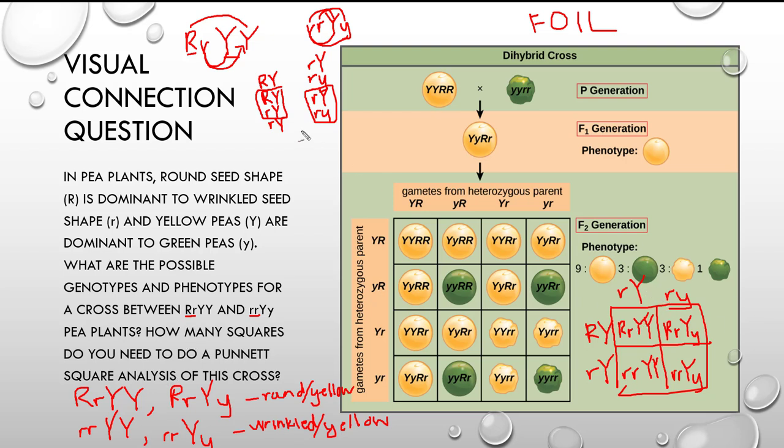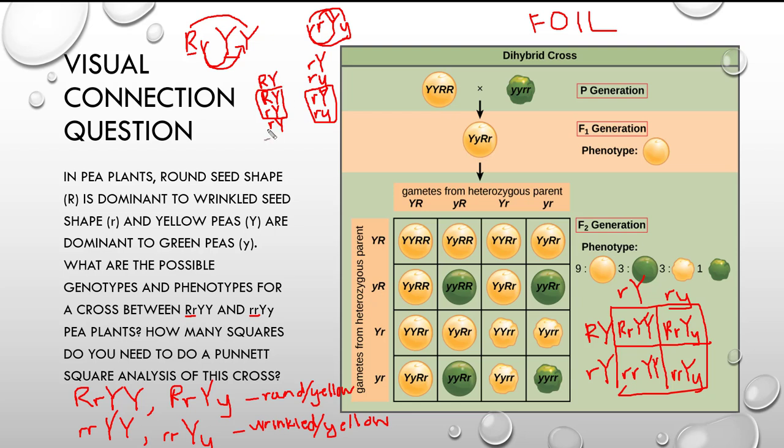So just realize that when you set up the Punnett square, if you notice that you have duplicates of the genotypes, you don't have to write out all the genotypes of the gametes, because it's all probability. If I look here, 2 of my sets of gametes are the same.